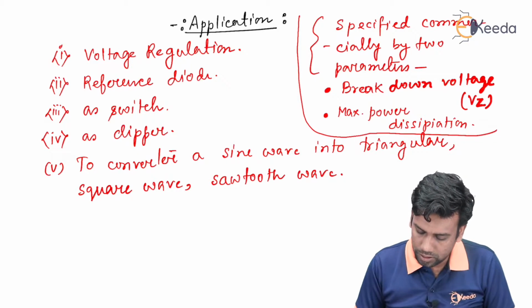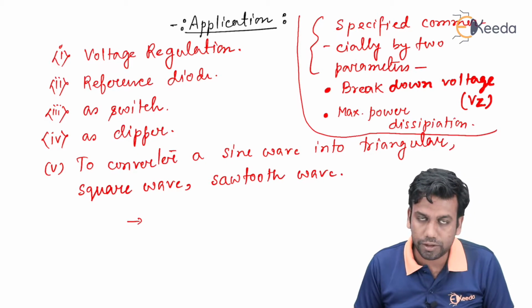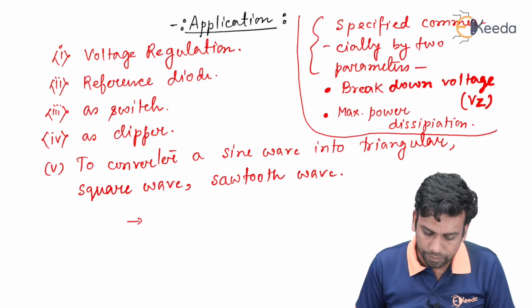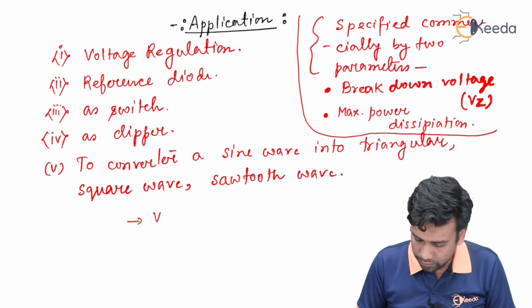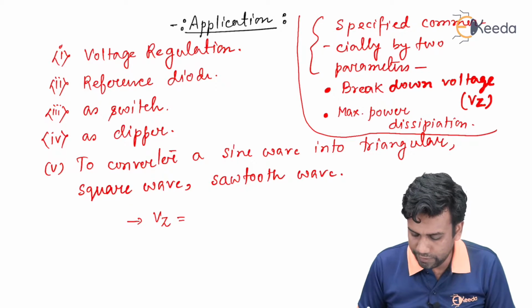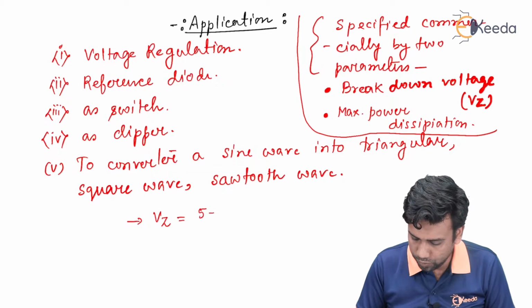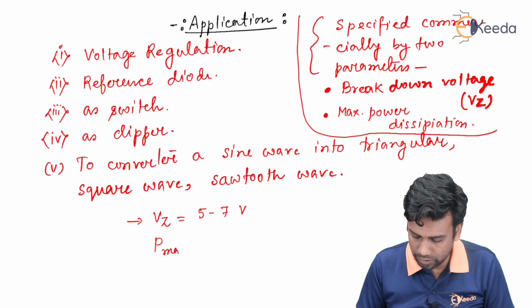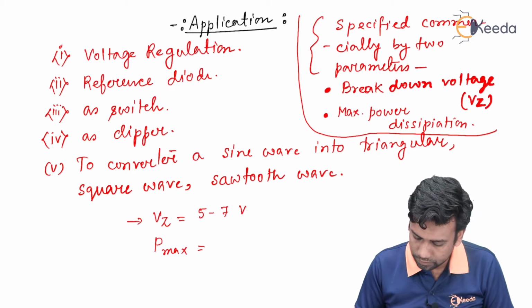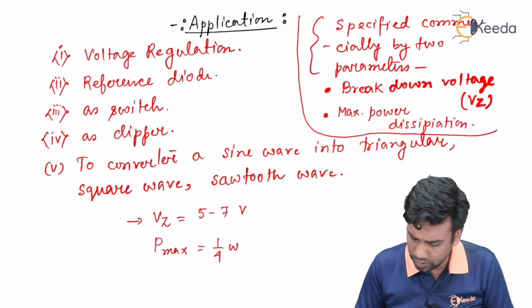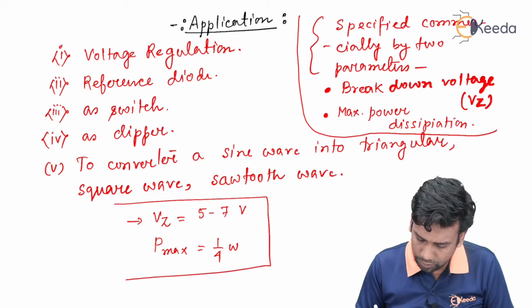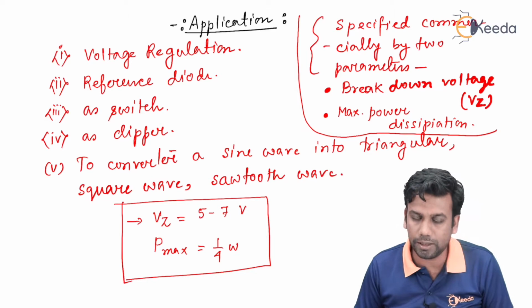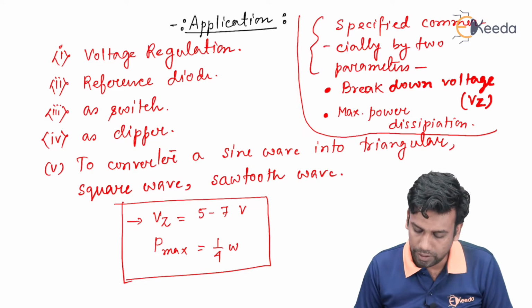Generally, the Zener diodes that are commercially available have a breakdown voltage Vz of 5 to 7 volt, and the maximum power dissipation typical value is of the order of 1/4 watt. There can also be other Zener diodes, but these are the typical values that I am giving.